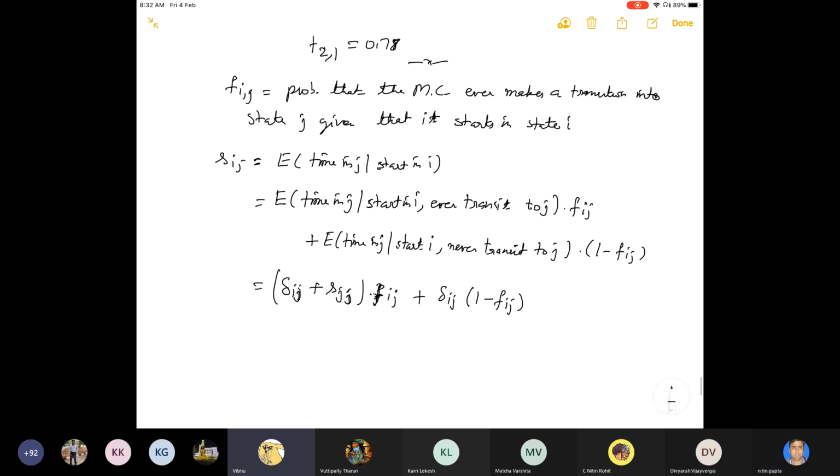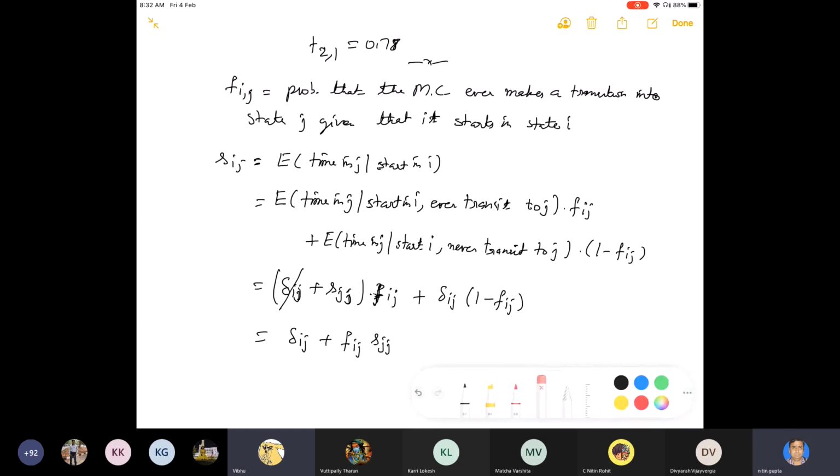So therefore this value will cancel with this value. We are left with Sij equals delta ij plus Fij Sjj.